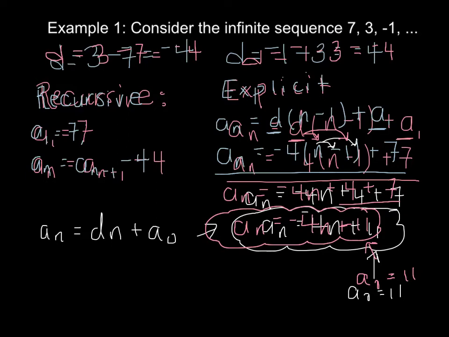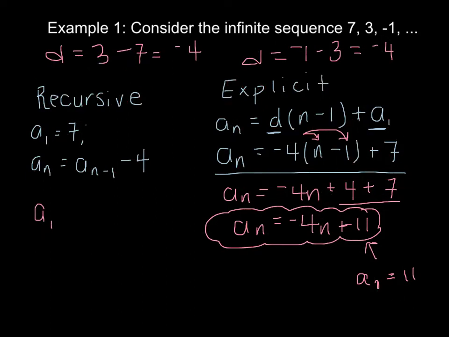Here is why the explicit rule is superior. Now if you were asked to find the 100th term, or a sub 100, all you have to do is plug 100 in for n. So negative 4 times 100 plus 11. From here, it's just some simple math.